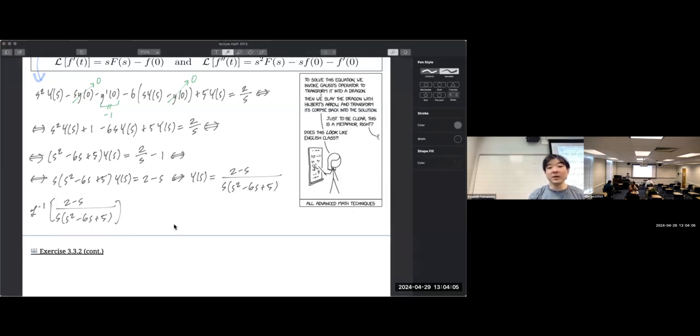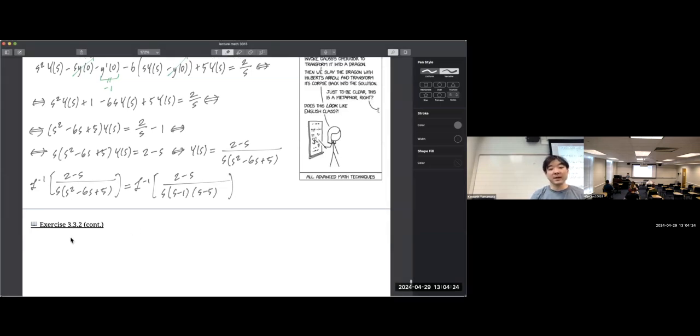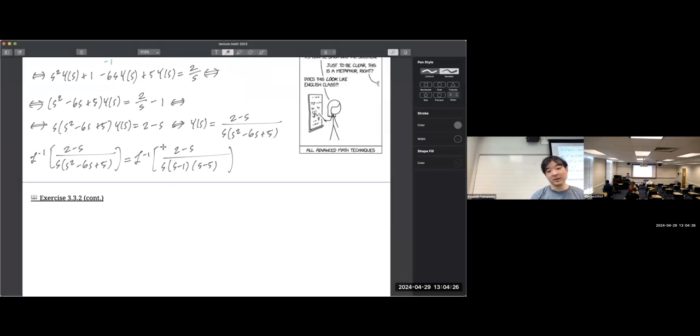And this requires us to, so I'll just make a note here that the bottom does factor even more. It's going to be 2 minus s over s times this right here, which factors to s minus 1 and s minus 5. Which screams like I could do partial fractions on this. So I'll just take this and then do partial fractions. So we'll say one of them is going to be A over s.